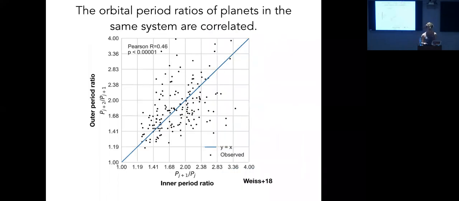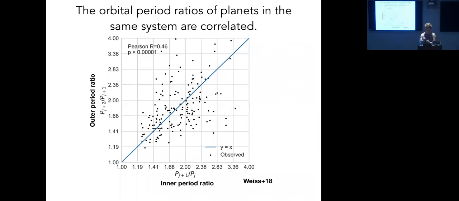To quantify this pattern, we took all the systems with 3 or more transiting planets. We compared the ratio of orbital periods of the innermost pair on the x-axis to the next pair out on the y-axis, iterating through all of the triples in each system. So of course, again, there's significant correlation here, a high Pearson R value and low p value.